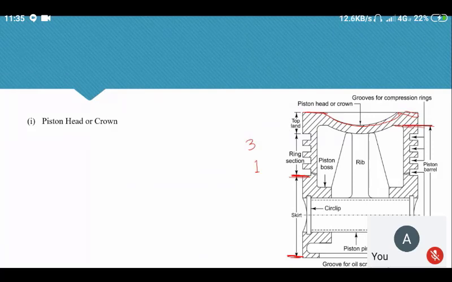You have the land between the two grooves, like this, and also you have the land below the piston head. So the land between the first ring and the head of the piston is called the top land.